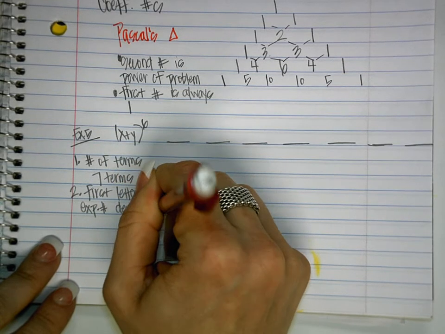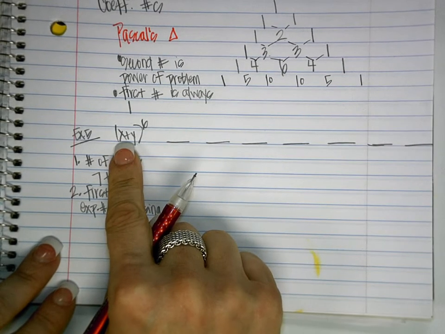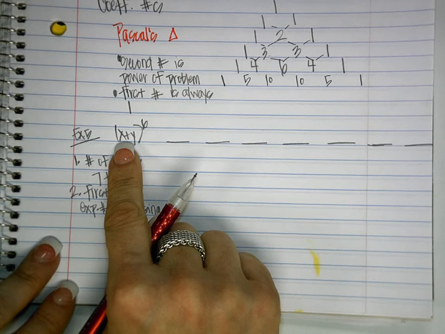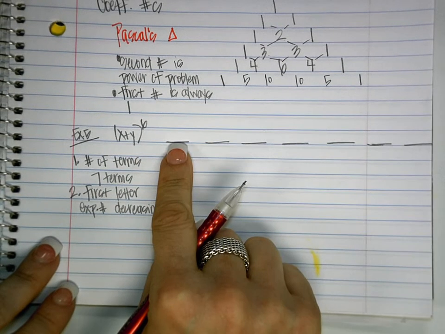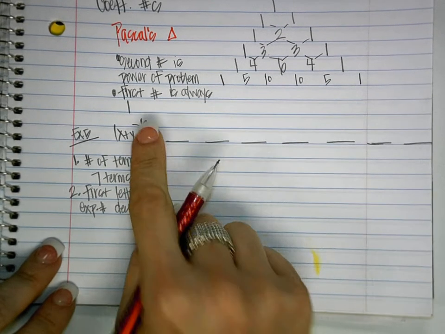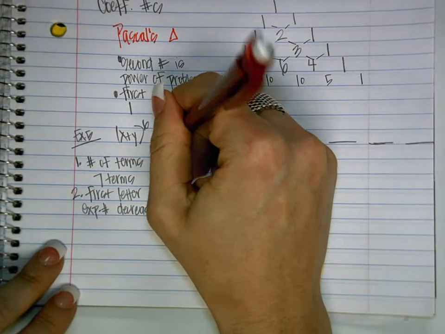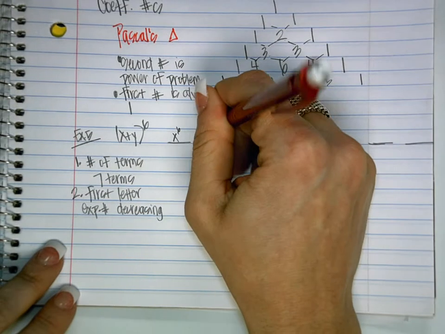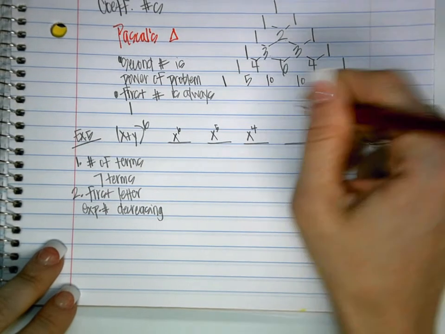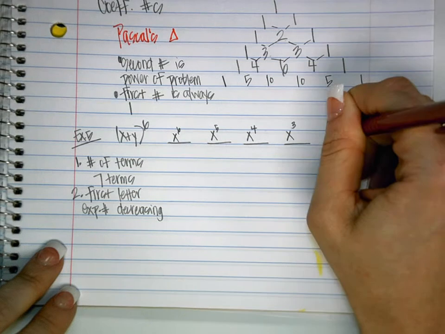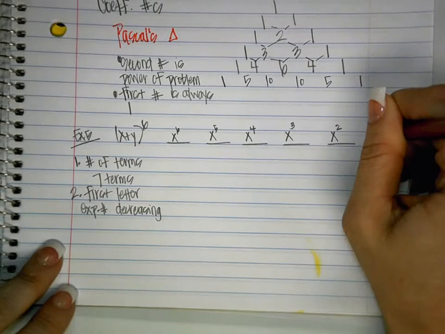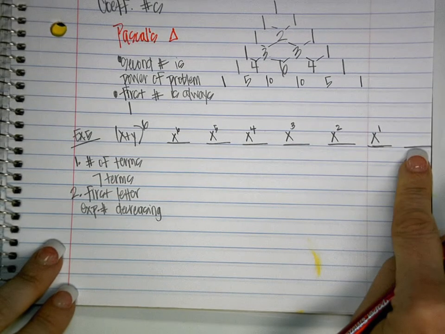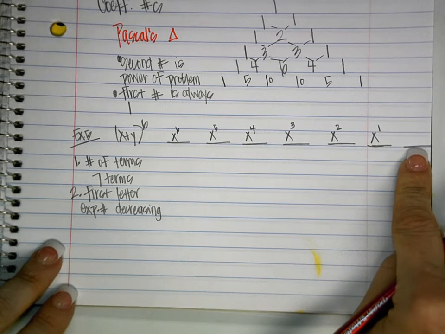So what's my first letter here? The x, and its exponent is decreasing. It starts at the power of the problem. So x to the 6th, x to the 5th, x to the 4th, x cubed, x squared, x to the 1st, x to the 0. We don't have to write the 0 part.